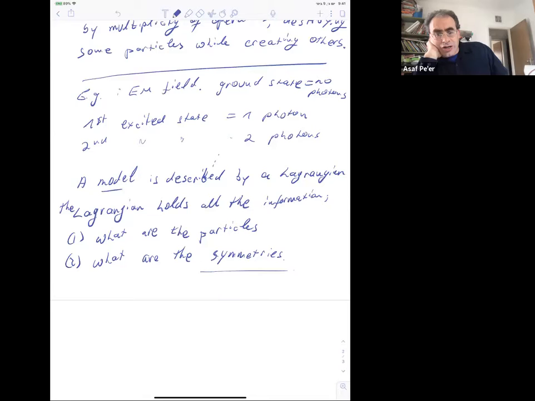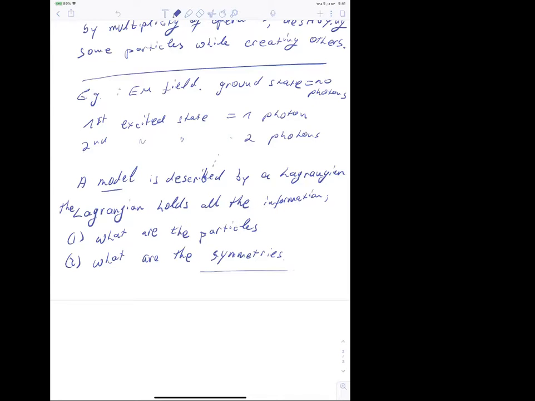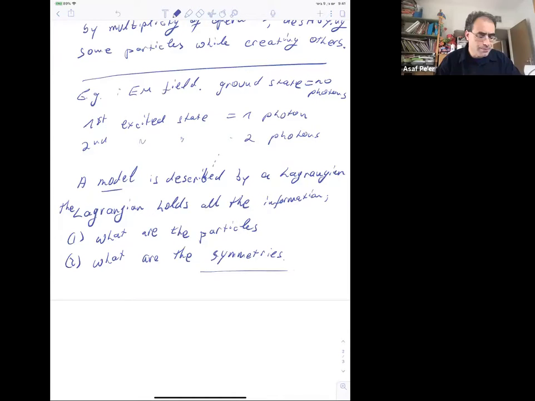Now, the most general Lagrangian describes the entire known physics. So we put the whole known physics into one big Lagrangian, including all the Standard Model plus the new physics, the beyond the Standard Model additions.